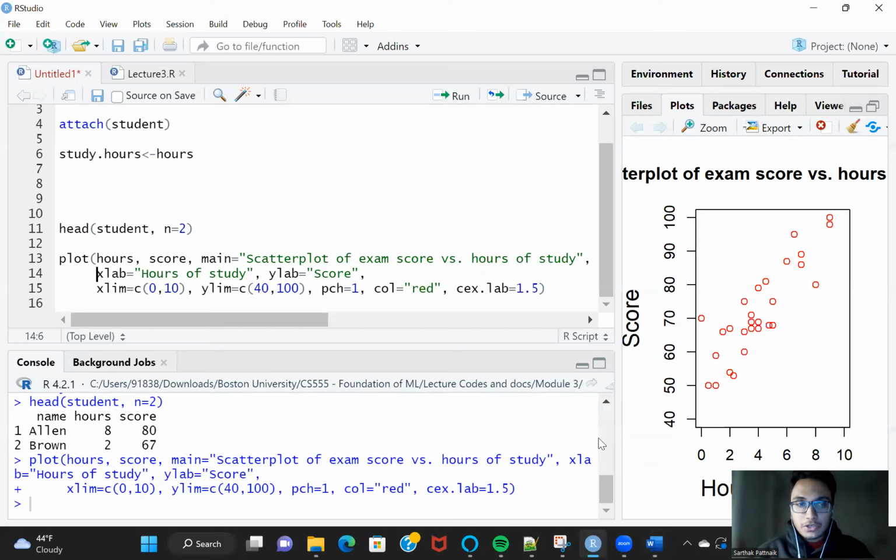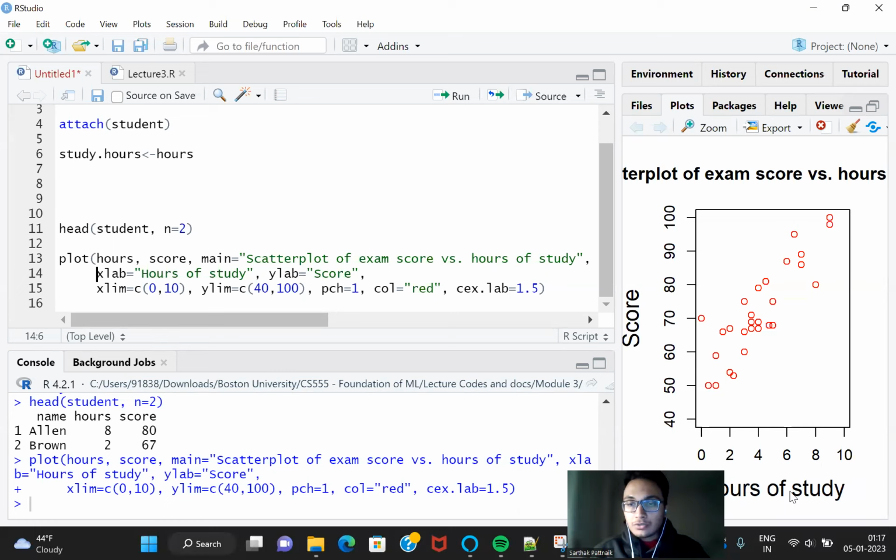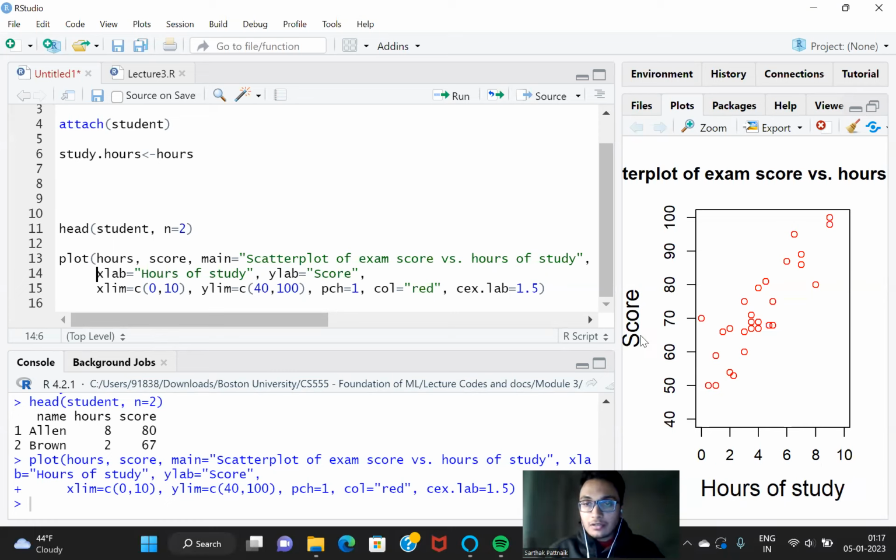I'll open my RStudio. This is a scatter plot, I'm so sorry, that is plotted between hours of study and score.